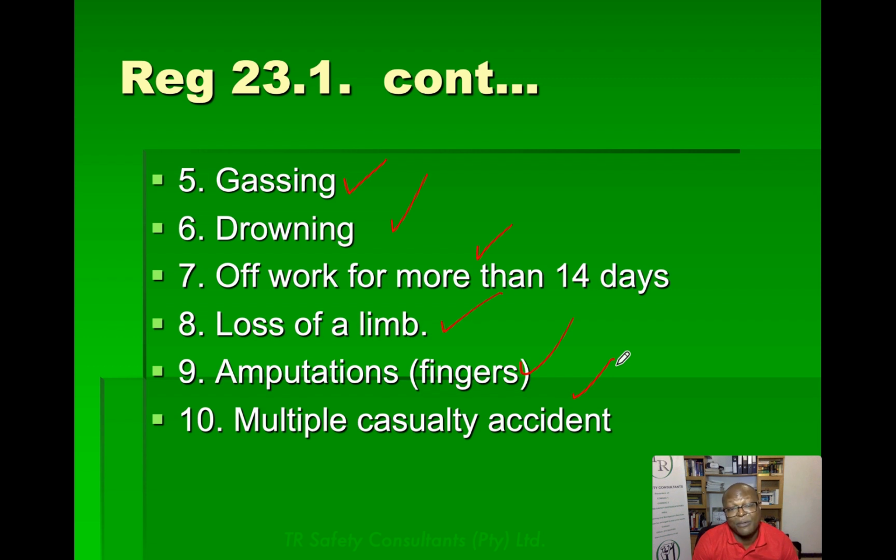For example, we used to have the hostel system, and if people eat bad food, contaminated food, you find 100 people are sick from that kitchen. Salmonella, E. coli, all those bacteria that are associated with bad food. So that is reportable because it's a multiple casualty.